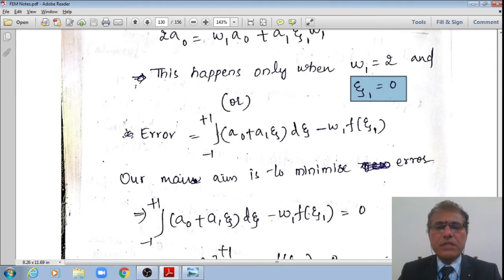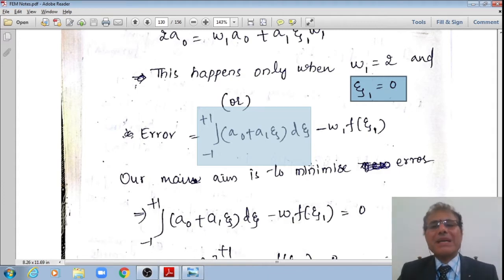I'll now substitute this in the above equation, right? Now I'll try to get what the error is. The error is the integral from minus 1 to plus 1 of a0 plus a1 xi multiplied by d xi, which is the actual value using the actual mathematics rule.